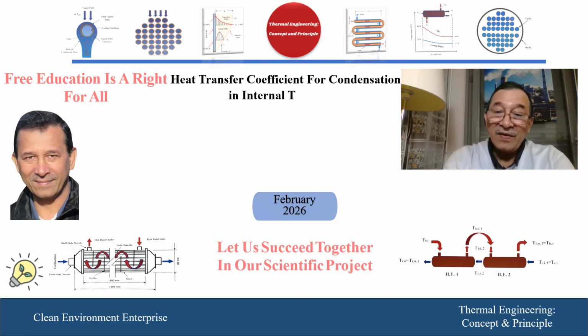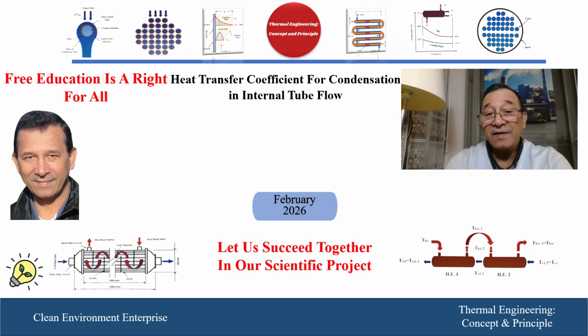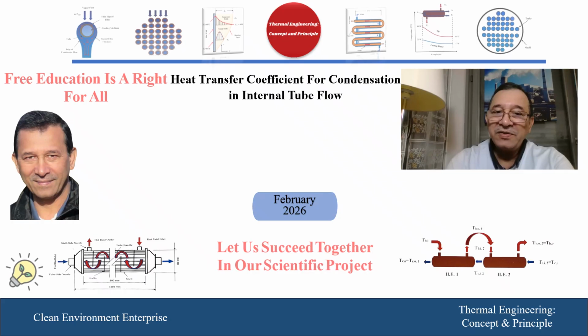The prediction of condensation process and the performance of a heat exchanger is mainly based on the heat transfer coefficient and how accurately it has been predicted. Condensation can occur in different orientations: vertical, horizontal, single, or tube bundle.